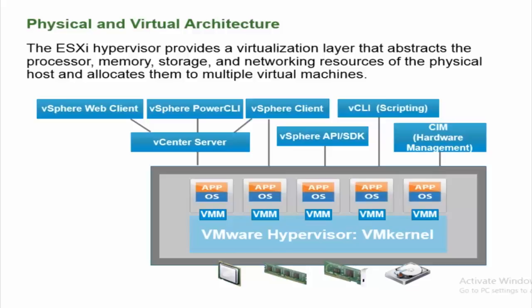Then you have the vCLI, which gives you a command line interface, and there is a CIM interface, which is the hardware management interface. The hardware capabilities shown in the vSphere client, such as the configuration tab of the ESXi host, are pulled by this CIM hardware management interface. It is like a chip inside the hardware of your server, so the CIM interface inside the VMkernel pulls out that hardware information and displays it in the vSphere client.